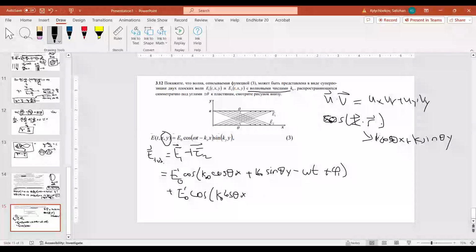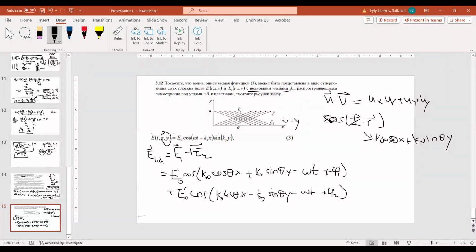The second one is in the negative direction, minus y, so it comes with a minus: k0 sin theta y minus omega t plus phase 2. What matters is actually the difference of the phases. Relatively, you can say this is phase 0 and this is just a random phase, but both are fine. It's not a problem.